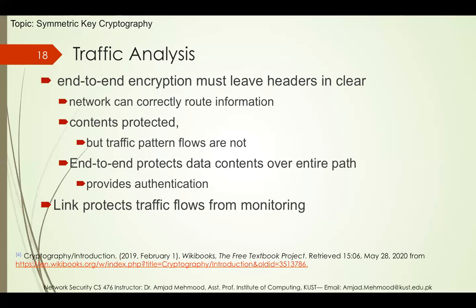In end-to-end encryption, normally the whole network knows where the information is flowing, or to which node the information is going. So this monitoring can be performed in end-to-end encryption, whereas link encryption protects against the monitoring of the traffic.